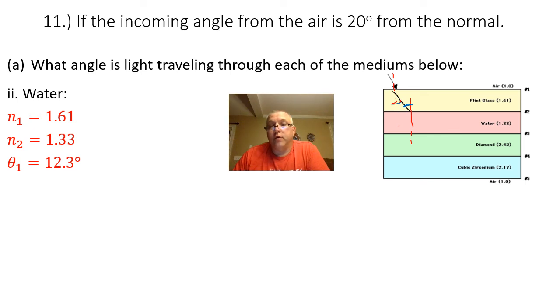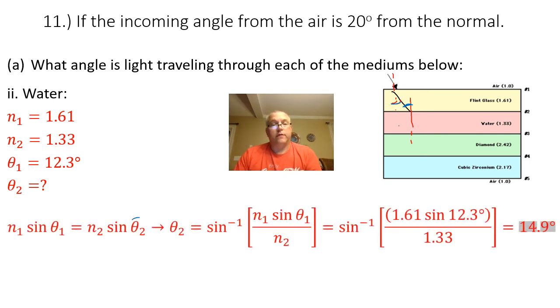And I am looking for theta 2, my angle of refraction. We're going to do the same thing that we did last time, taking Snell's law and solving it for theta 2. And we are going to get our same rearranged equation. And when we do the math out, we will have an angle of refraction into the water of 14.9 degrees.